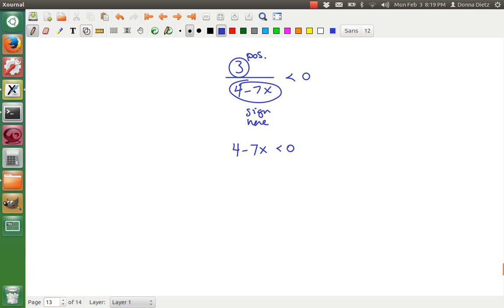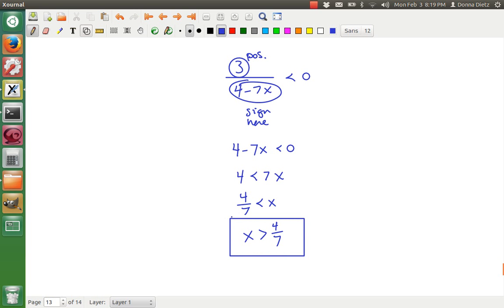If you get that far, then you're home free, because I can add 7x to both sides, and then I can divide by 7. But you may be more accustomed to seeing this same expression written this way.